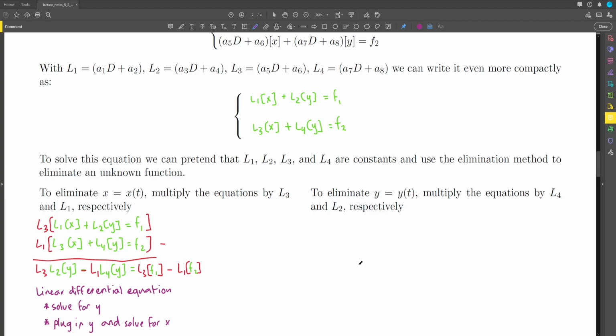And if you do that, and I'll leave that up to you to check this, the equivalent differential equation that we get for x would be L4 times L1 acting on x, and then minus L2 acting on L3 of x, and then that equals L4 acting on F1 minus L2 acting on F2.